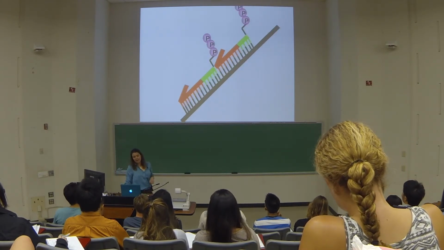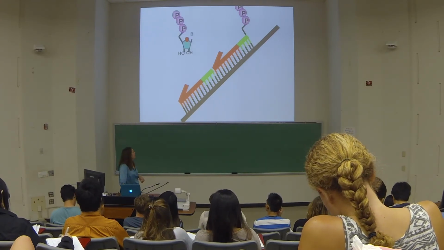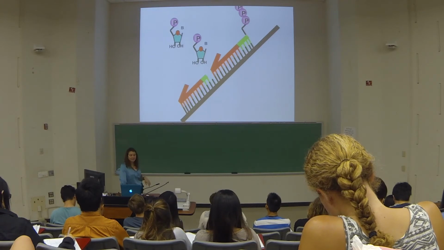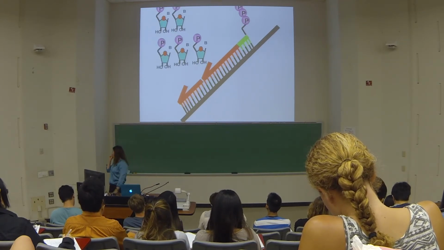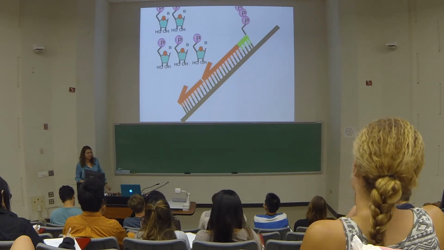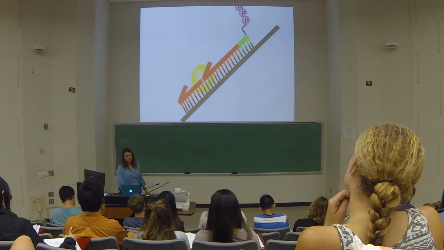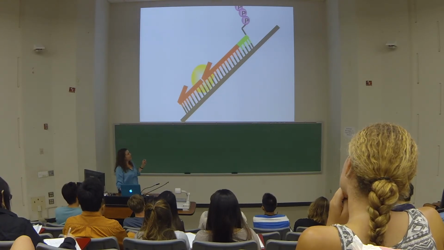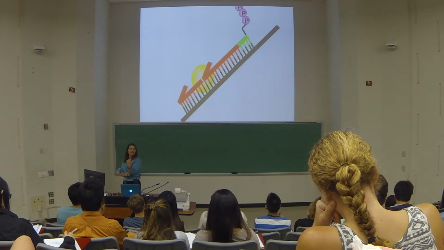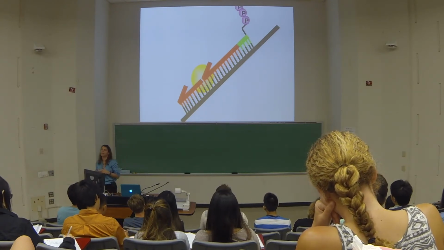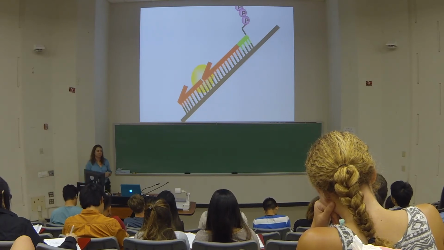We have those triphosphates on the end. What we want is that DNA to replace and displace that RNA primer. And then, if we can do that with polymerase 1, we have DNA, but we still have that nick, that break in the single strand, in the phosphate sugar backbone.